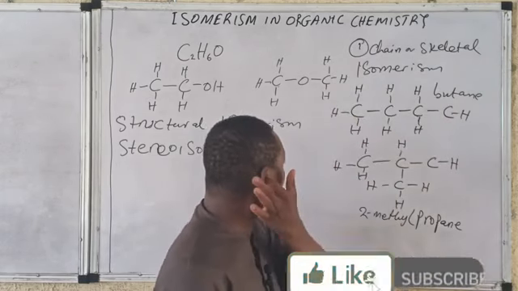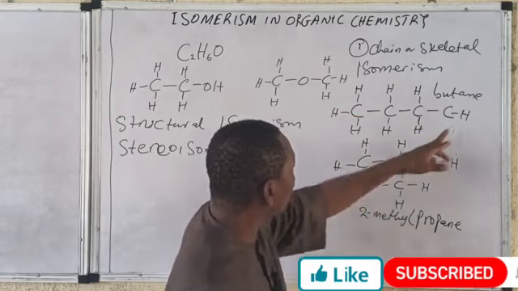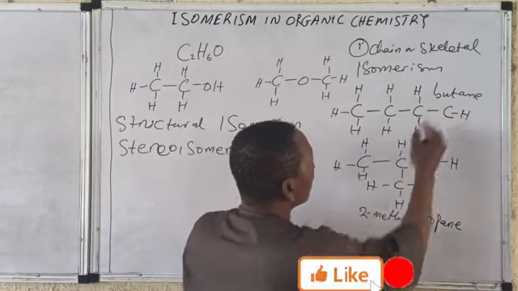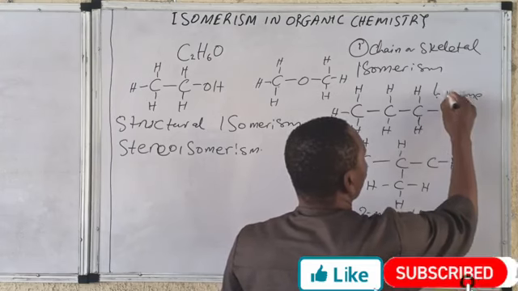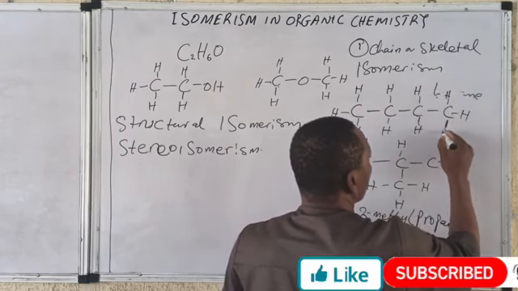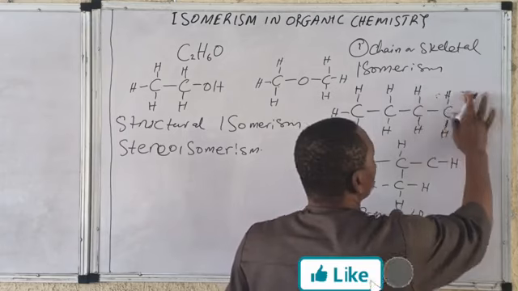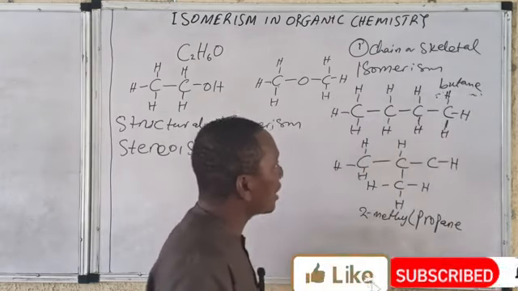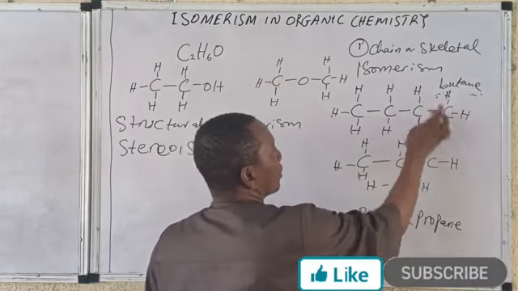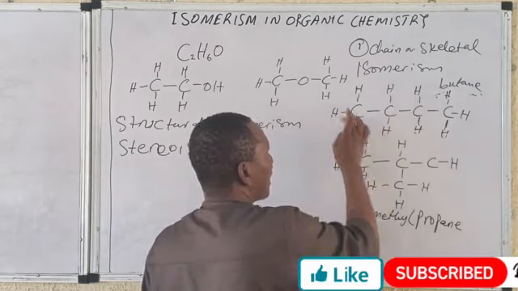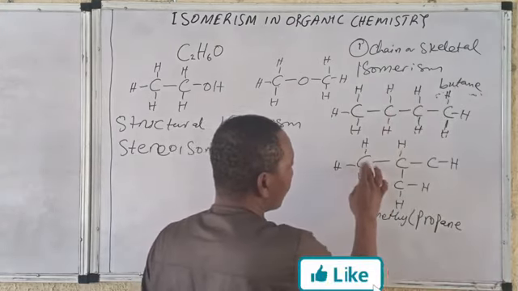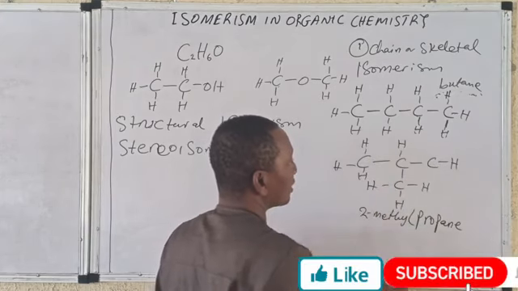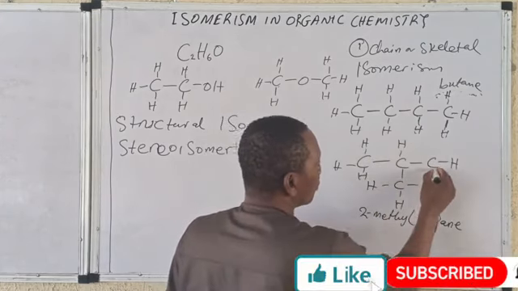How many hydrogen do we have? Let's count, please. Here we have hydrogen here, so this is butane. Now let's count again. 1, 2, 3, 4, 5, 6, 7, 8, 9, 10.